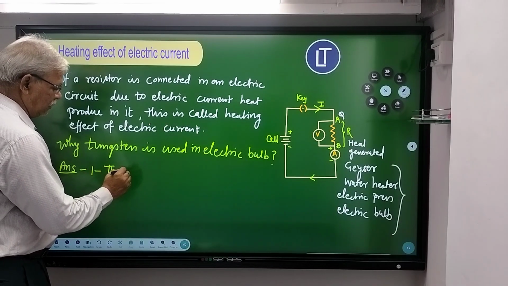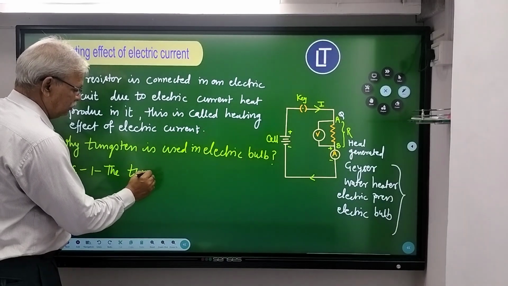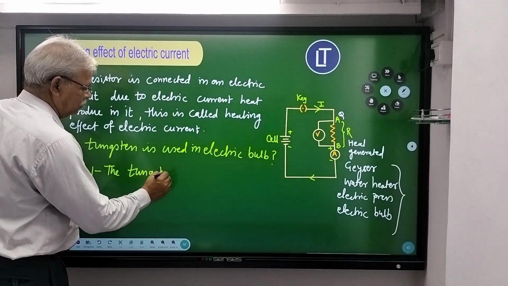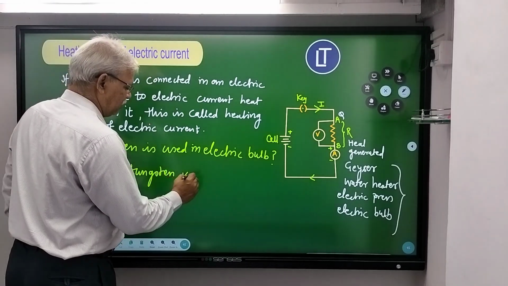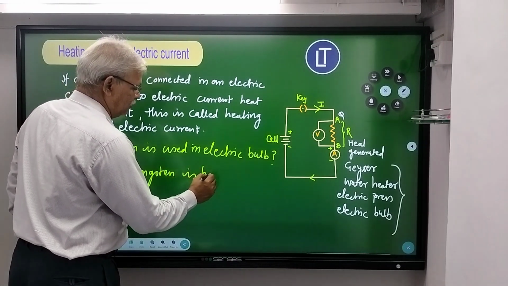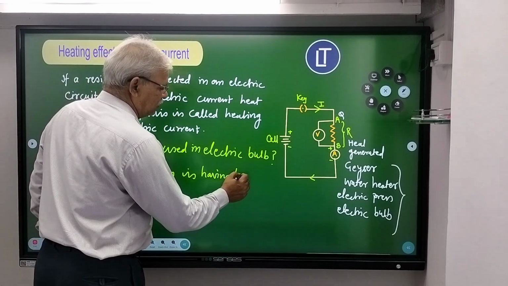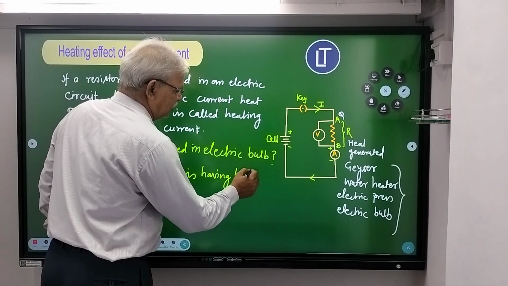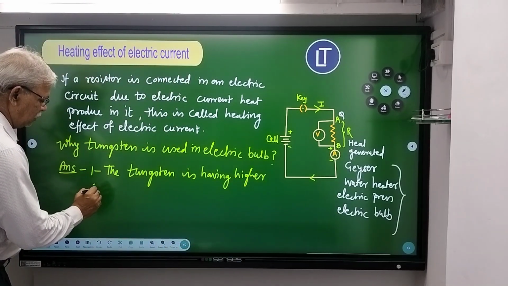The tungsten is having higher resistance.